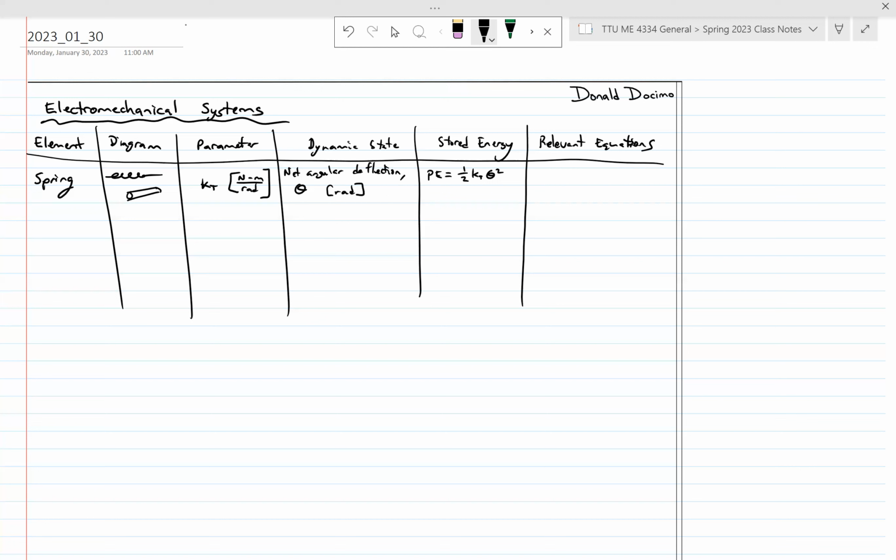What is it going to say in this case then? K theta is equal to what? So you're saying it's equal to force, right? I don't want to use force here. Torque, right? So the torque of our spring is equal to that spring constant times theta, right?